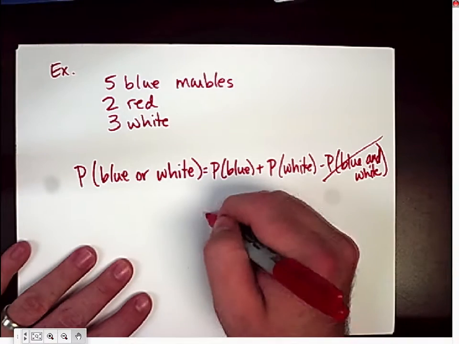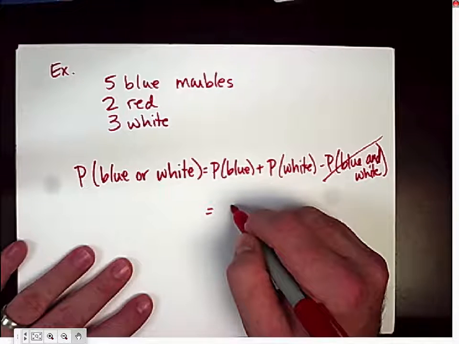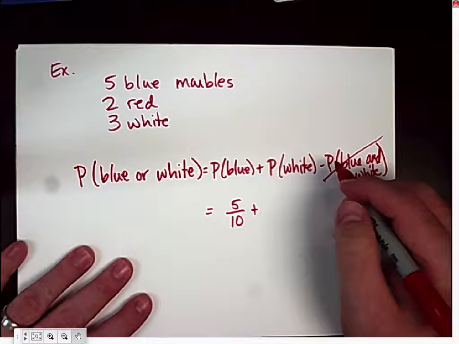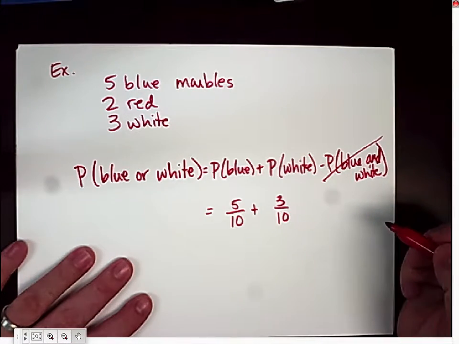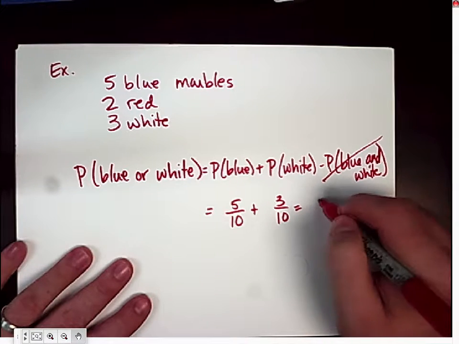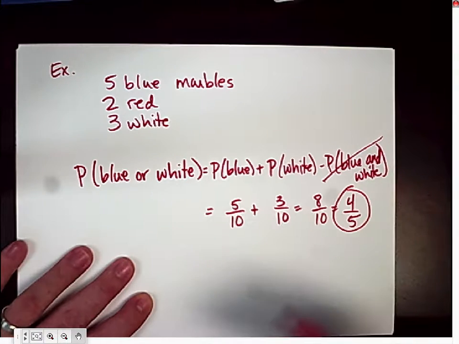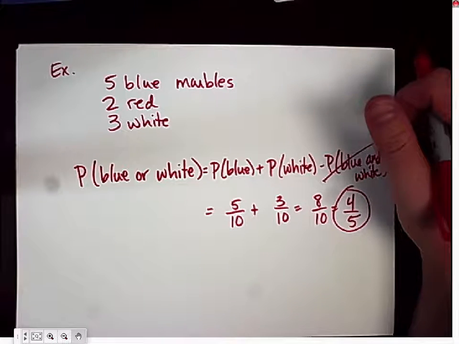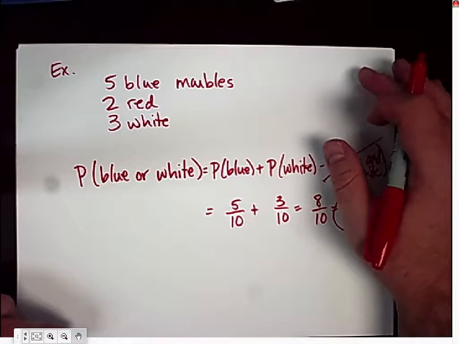So what's the probability that the first one is blue? 5 out of 10 or 1/2 plus what's the probability that it's white? 3 out of 10. You add those, you get 8 out of 10, which is 4/5. Okay?